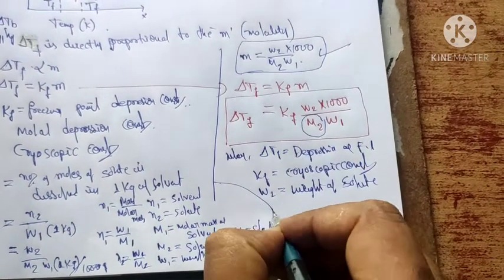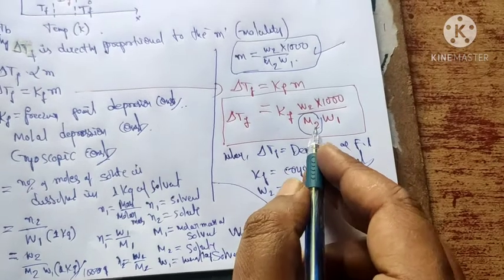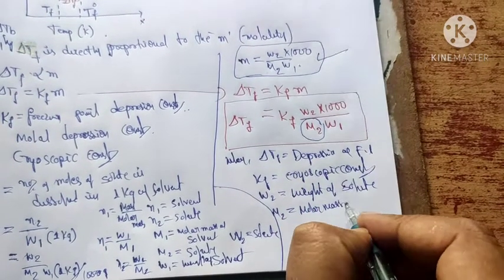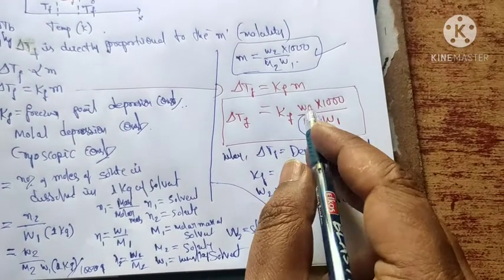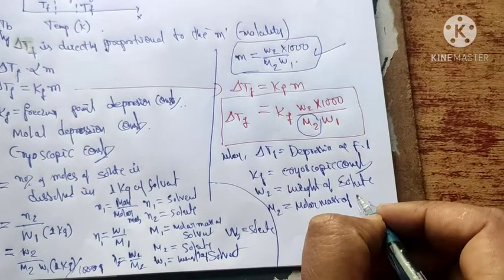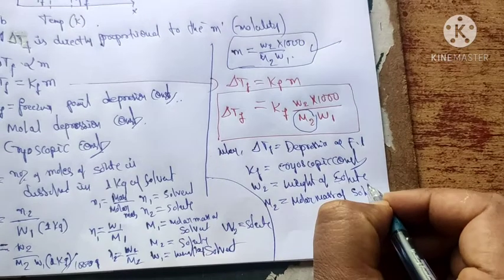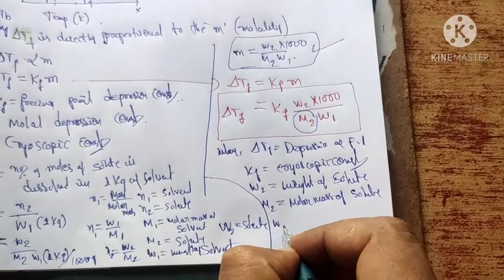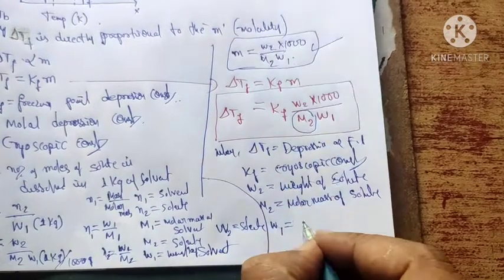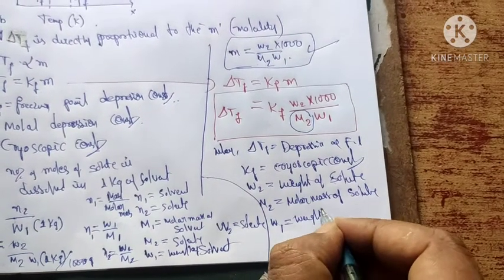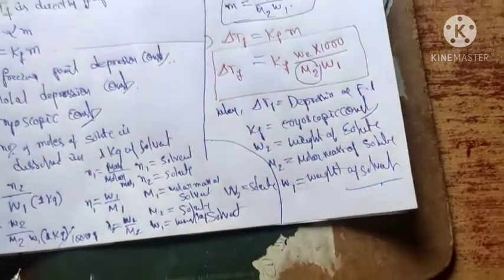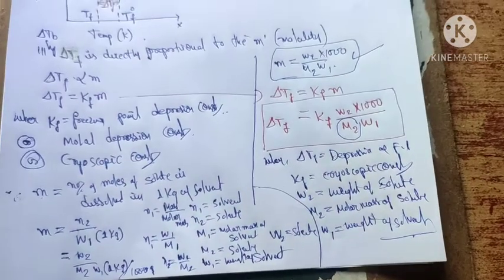Then M2 is the molar mass of solute, and W1 is the weight or mass of solvent.